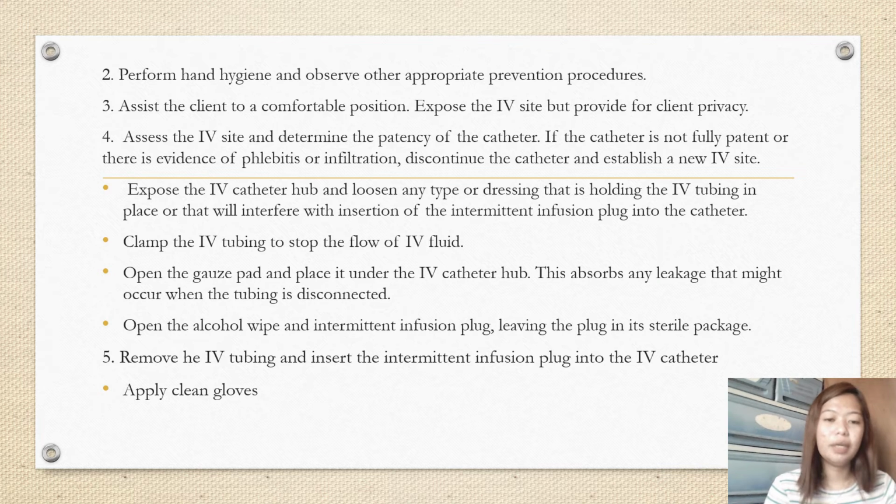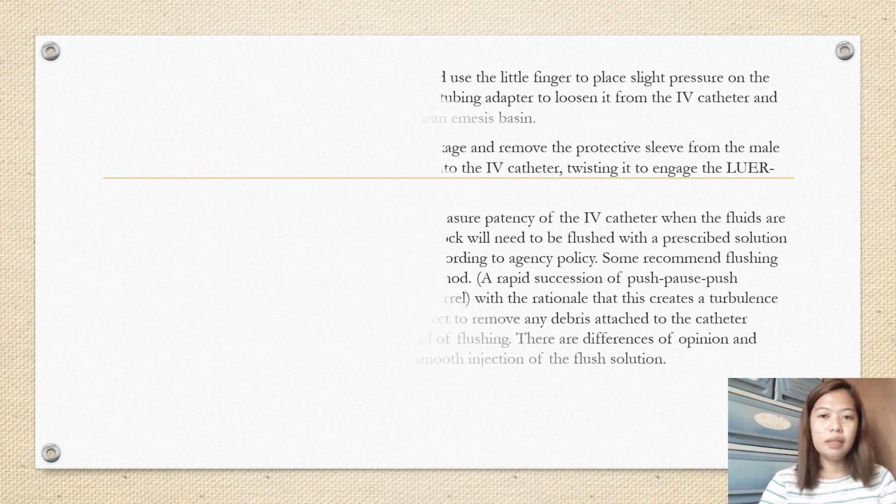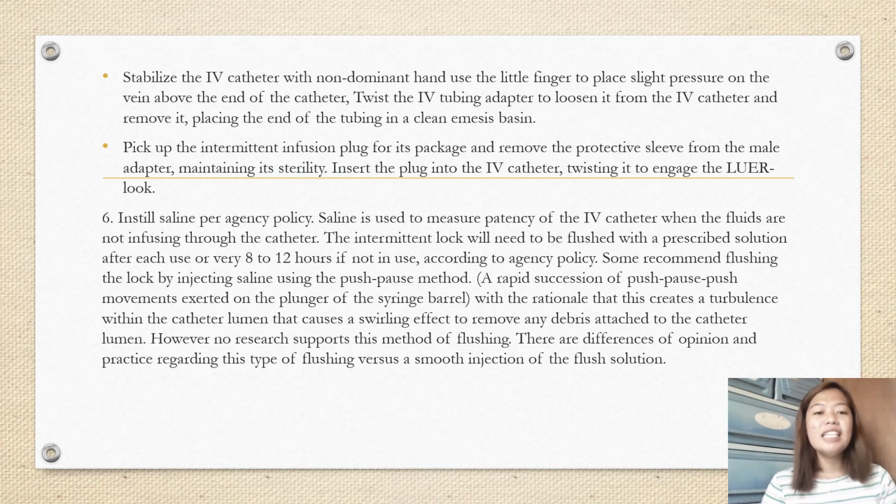Number 5. Remove the IV tubing and insert the intermittent infusion plug into the IV catheter. Apply clean gloves. Then, stabilize the IV catheter with the non-dominant hand, using the little finger to place slight pressure on the vein above the end of the catheter.